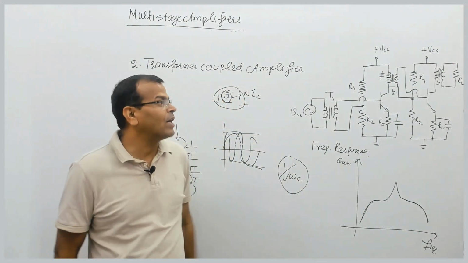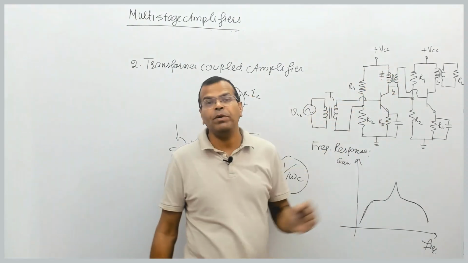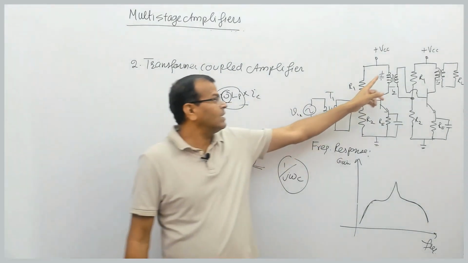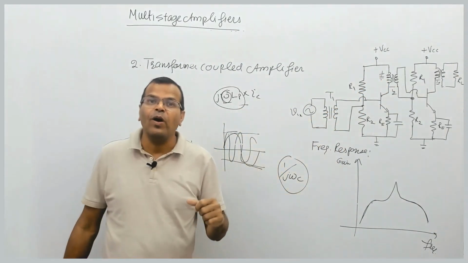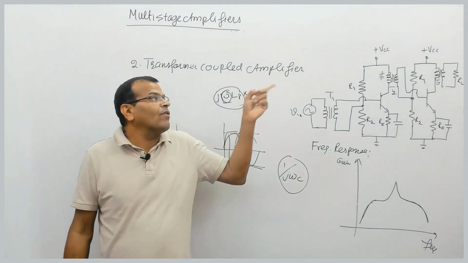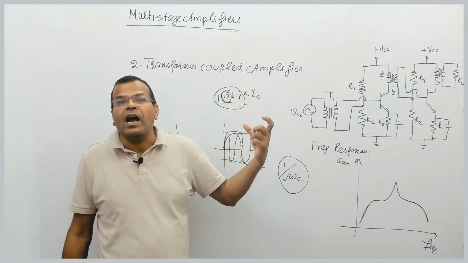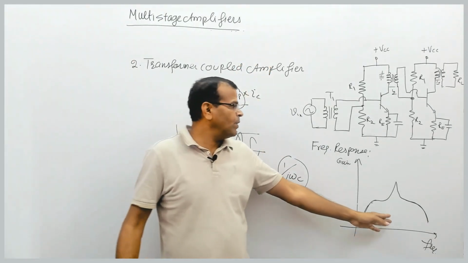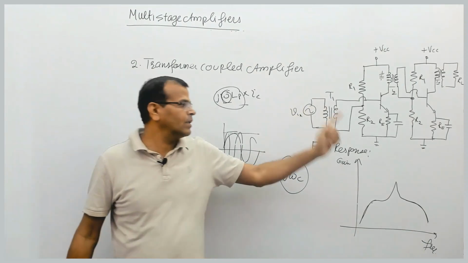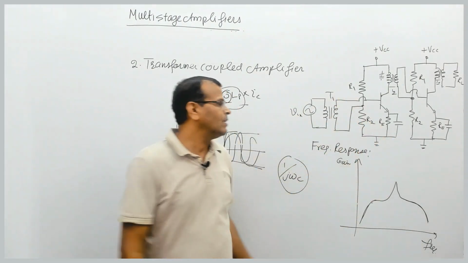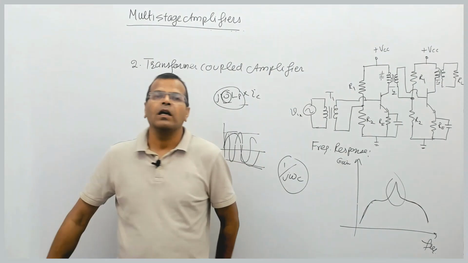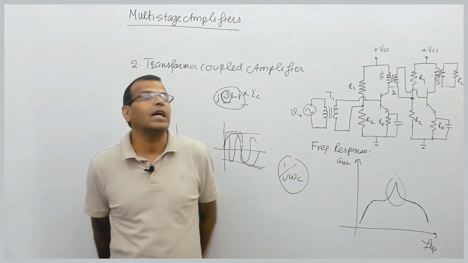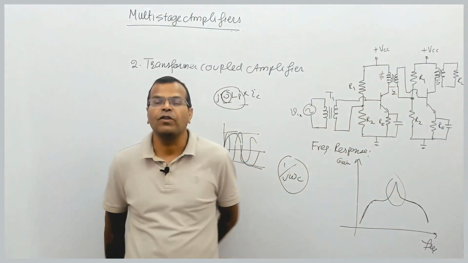So at a particular frequency, this circuit may be in resonance, because there is a capacitor and an inductance. At resonance, the amplitude of the output will shoot up suddenly and the gain will shoot up. So it will show you a spike in the gain of the amplifier at a particular frequency, which is the resonant frequency of the winding of the transformer.